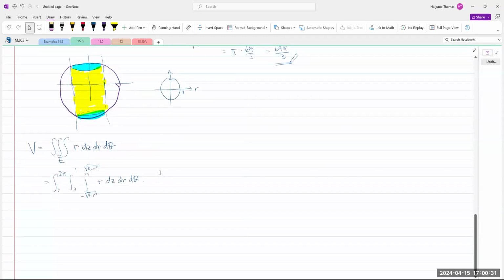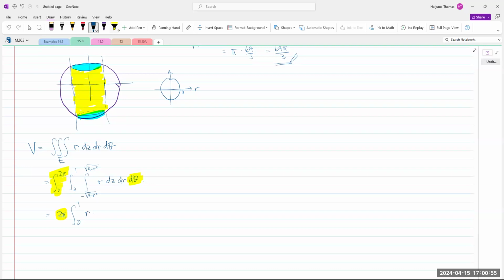Now the integrand and the limits of integration are independent of theta. So let me just do this. This guy together with this guy give me 2 pi, integral from 0 to 1, and then r.